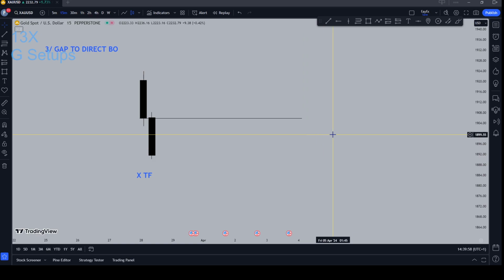A direct breakout is a classic level that got created and broken at the same time. I give you this example.